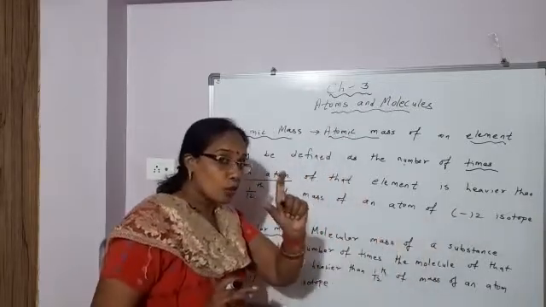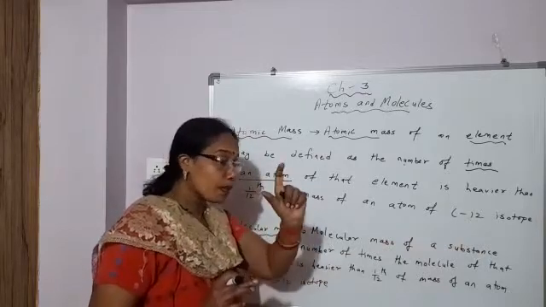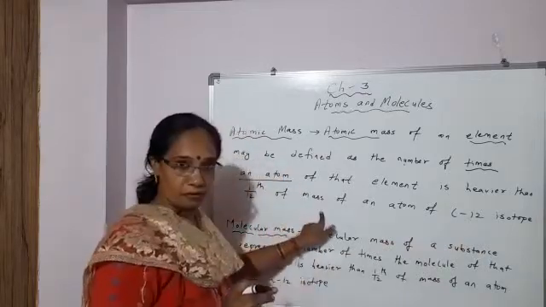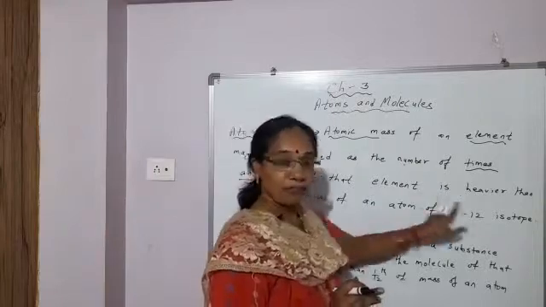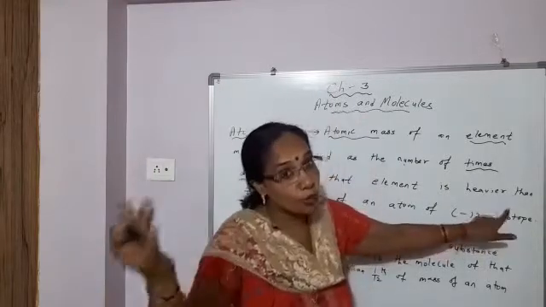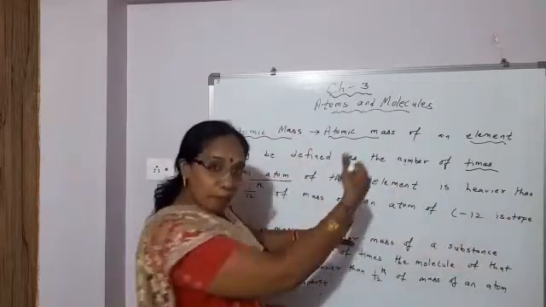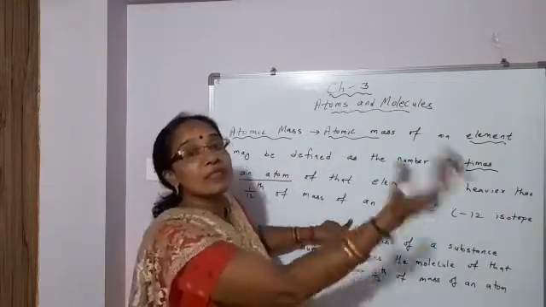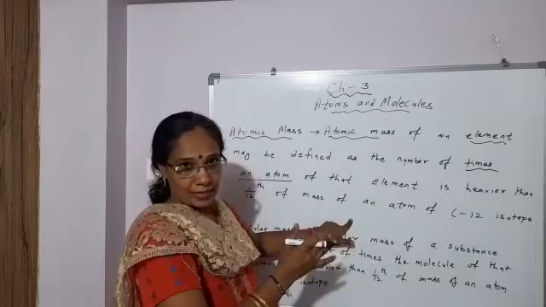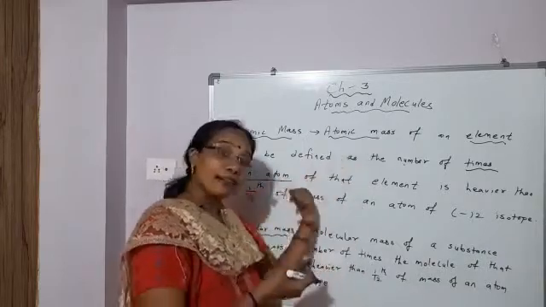And carbon 12 isotope, how much part? 1/12 of the mass of one atom of carbon 12 isotope was taken to be 1 U on atomic scale, and the mass of other elements was compared with that. How many times it is heavier? So that will be the atomic mass of that element.